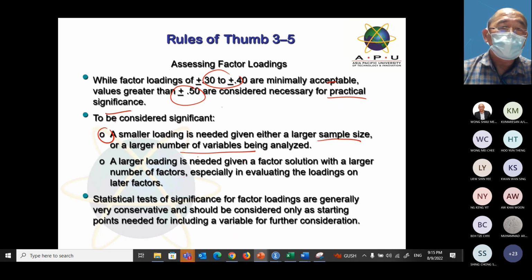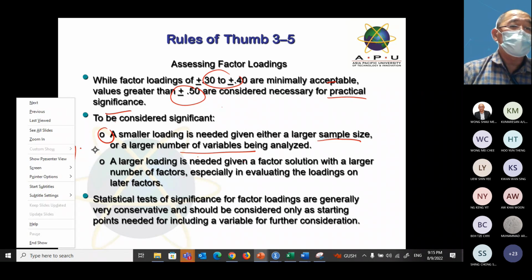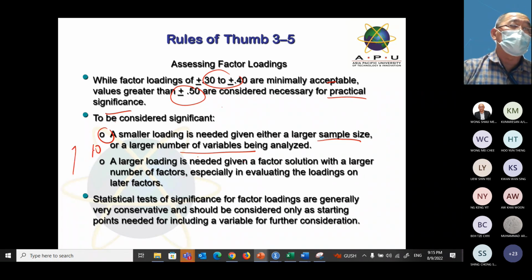A larger loading is needed given a factor solution with a larger number of factors. Remember, you can instruct the software to extract more factors, let's say 10, but you need a higher loading to make sure it's significant. If you want significance, you must use the higher loading.